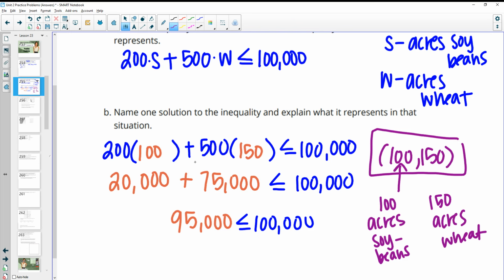And now you could do a bunch of different numbers, but when you plug these in, the total after you multiply by 200 and 500 just has to be less than that 100,000 or equal to.